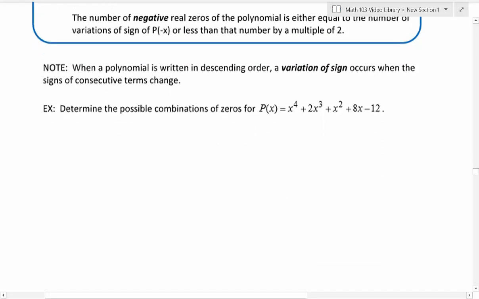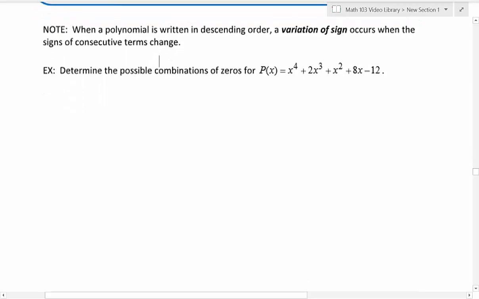We're going to be creating a chart that represents the possible combinations of zeros for a polynomial. Our options for types of zeros that we could have are positive reals, negative reals, or complex.